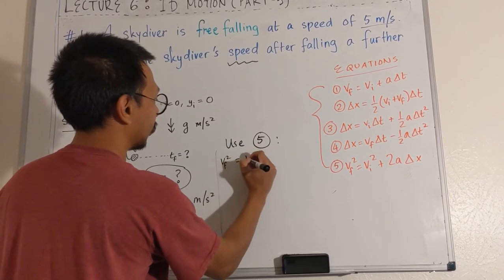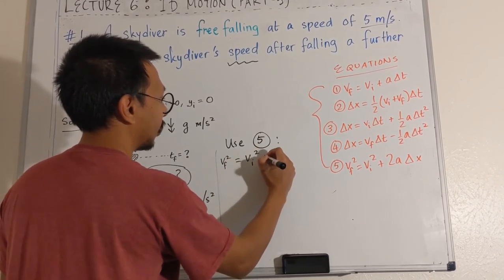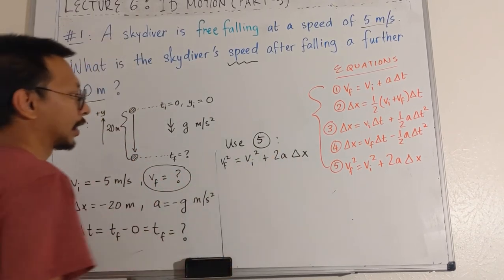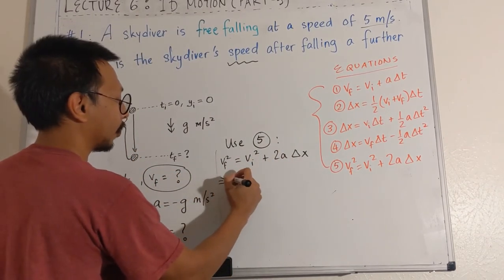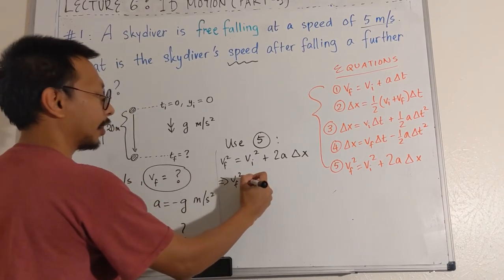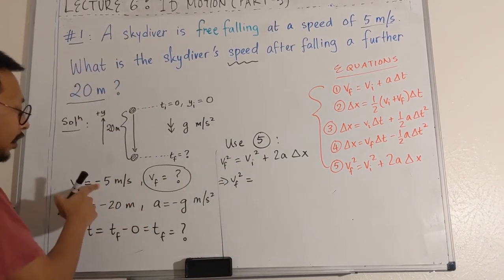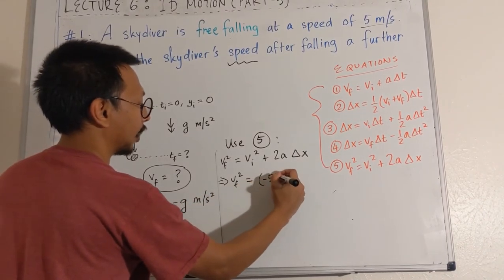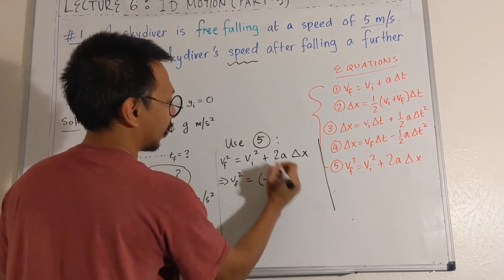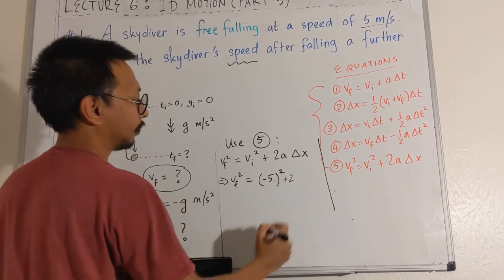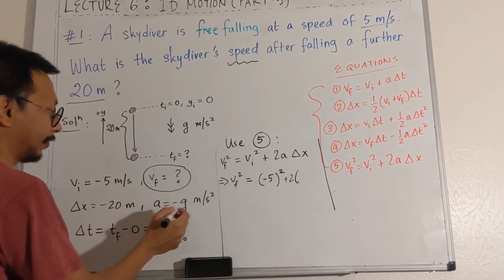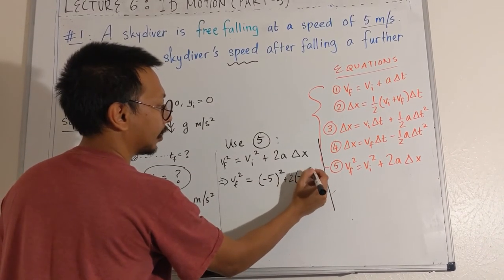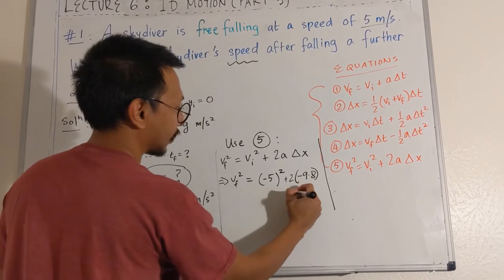Vf squared equals Vi squared plus 2a delta x. We want to find Vf, so Vf squared is equal to, what is Vi? Vi is negative 5, so negative 5 squared plus 2 times a. A is negative g, g is 9.8, so negative 9.8 times delta x.